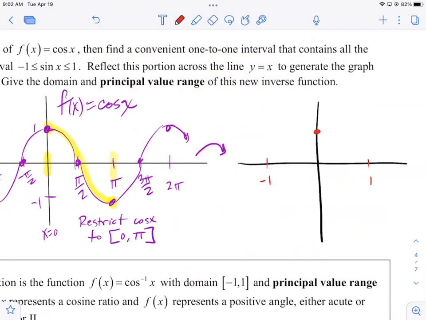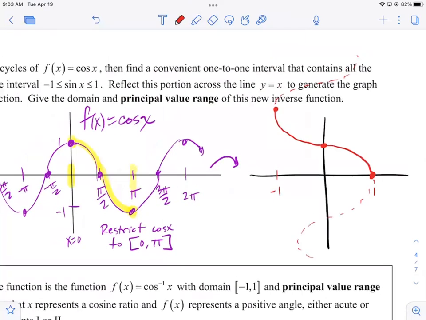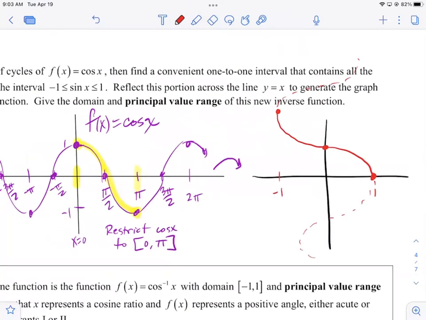So if you put a dot there, there, and there, kind of like on a line, and then you connect it like this. Right, and I'll put the dotted lines. This would snake around left to right if you continued, but we don't look at the dotted line pieces. We look at this. So from -1 to 1, that's what was our range is now our domain.